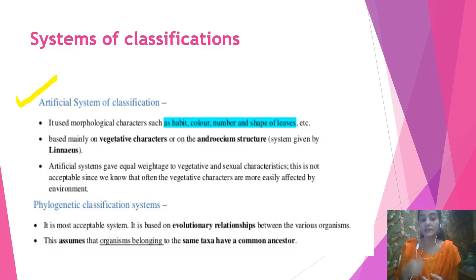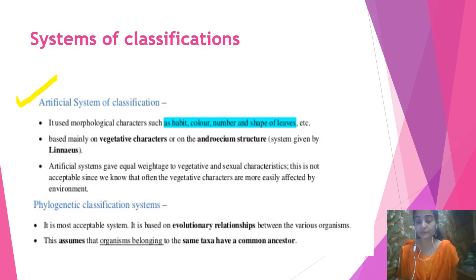The other thing in this artificial classification is that scientists gave equal weightage to vegetative as well as sexual characteristics. Is it acceptable to give equal weightage to vegetative and sexual characters? No, because vegetative characters are prone to change, as they depend on environmental factors.